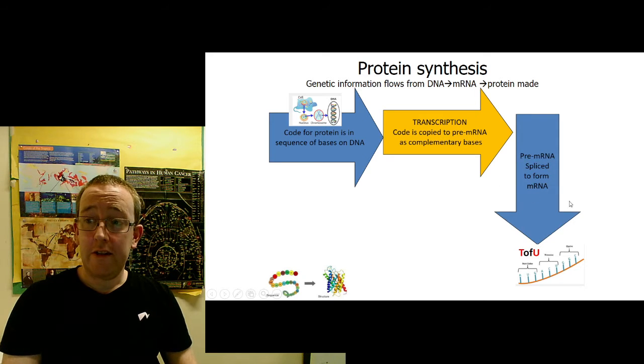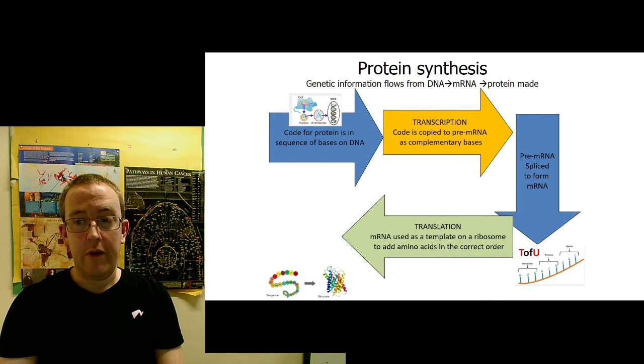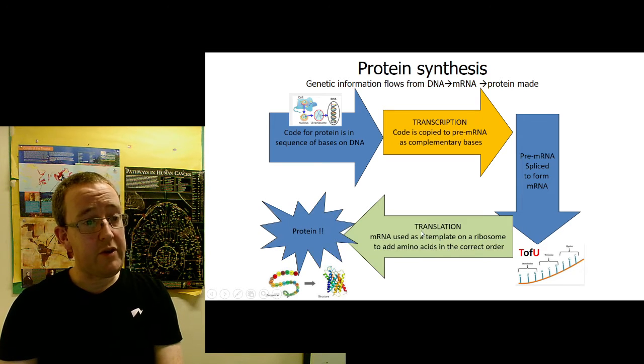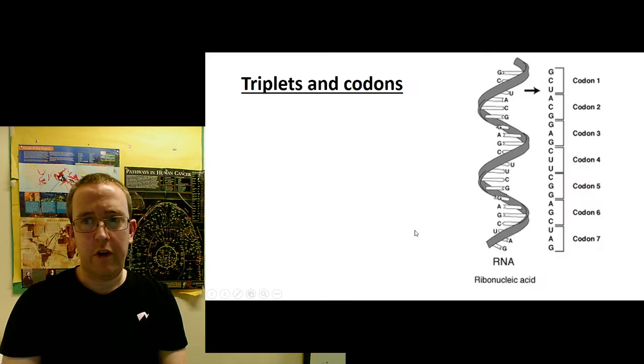That pre-mRNA is spliced, so bits of it are cut out. Don't worry for now about why. We do a whole lesson on splicing and processing in the transcription process to make what's called mature mRNA, and that is then translated. mRNA is used as a template on the ribosome to add amino acids in the correct order, using tRNAs to help, as previously described. And then we get protein. Happy days. Okay, so that's our overview of what we're trying to go through here.